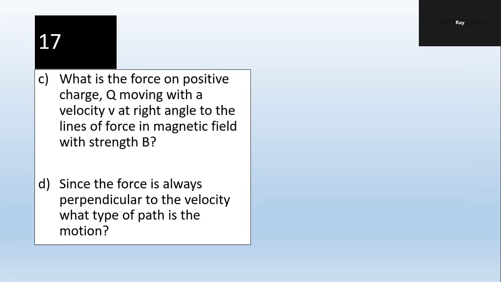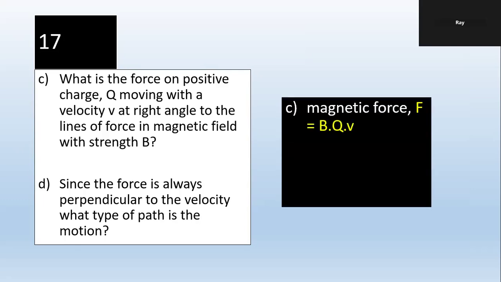Is it nothing also? No, there's a magnet. Oh yeah, it has a right angle. F is BQV. Since the force is always perpendicular to the velocity, what type of path is the motion?